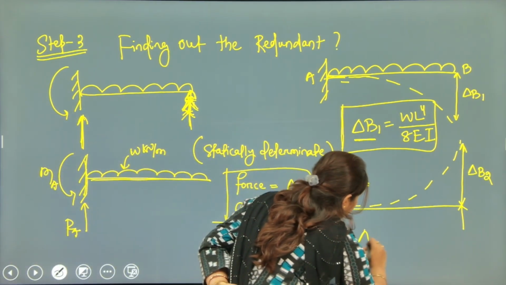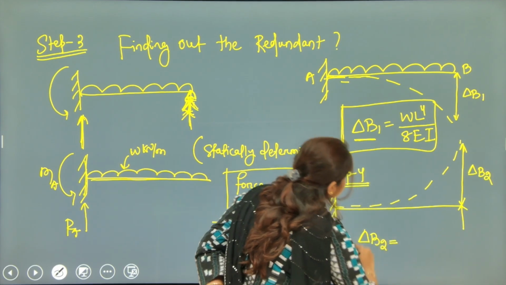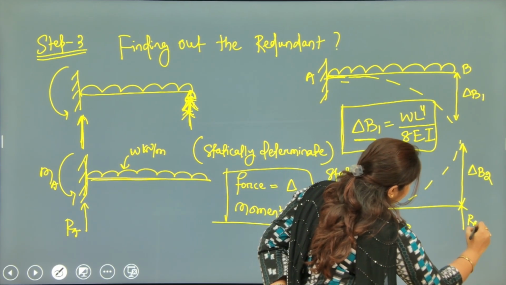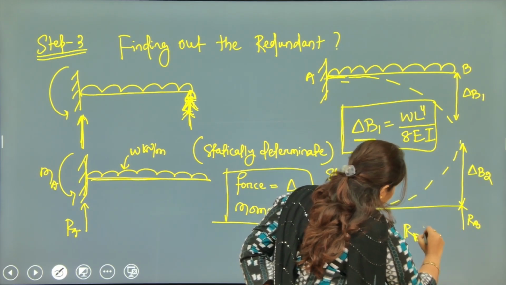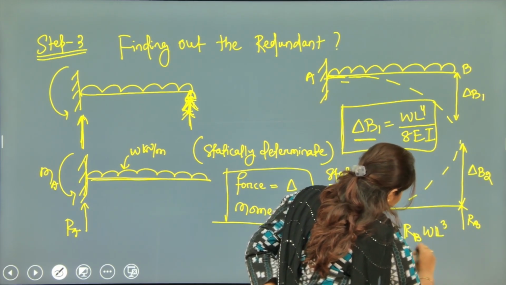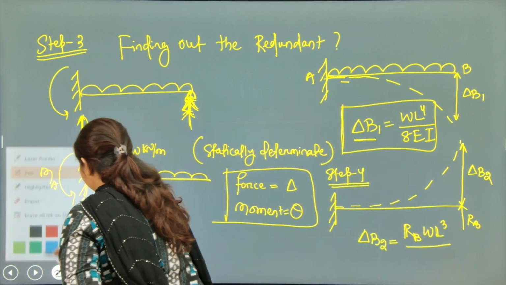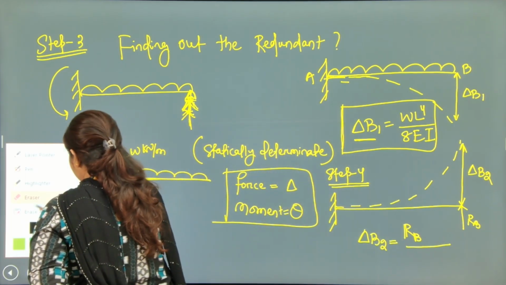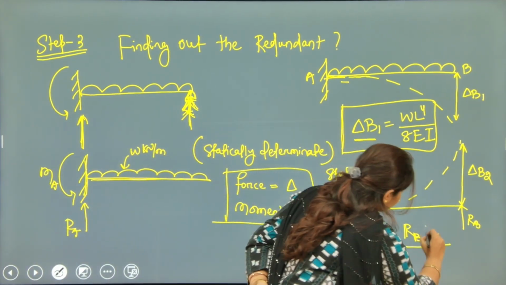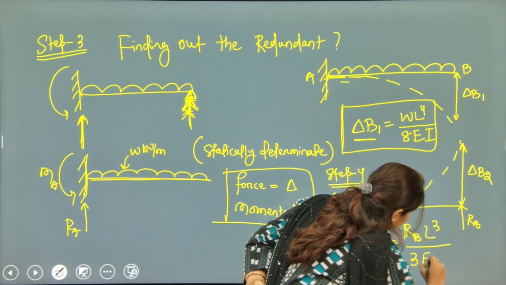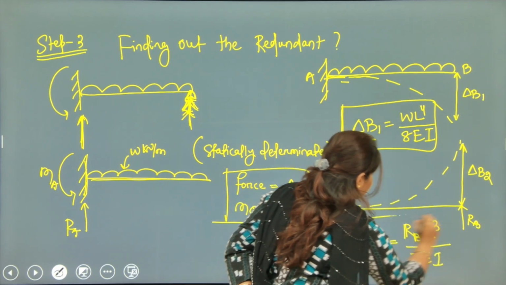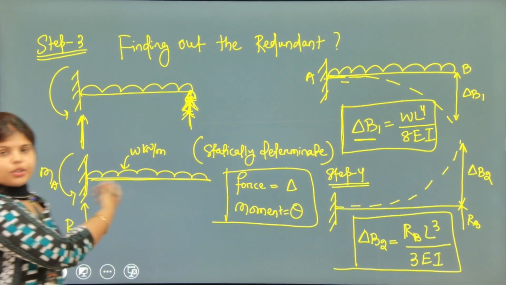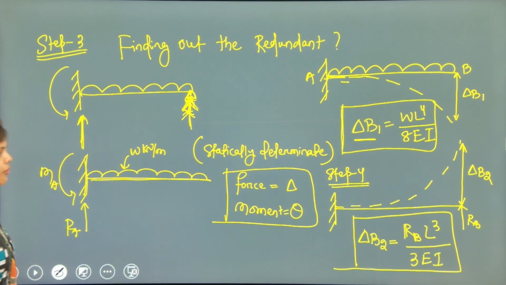And delta B2 is going to be RB L cube upon 3 EI. Here we have completed step 3 and step 4.